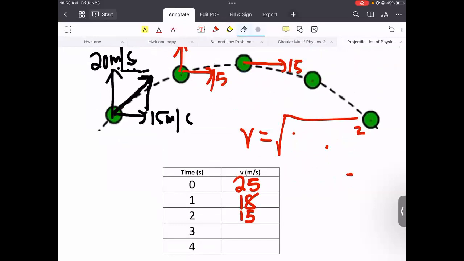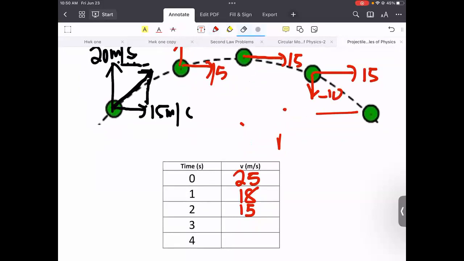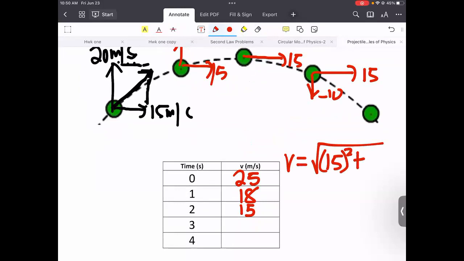All right, now at the next point, I know the velocity now here. We still have 15 here, but downward is going to be, remember, minus 10. So if we use Pythagoras theorem, what do you get? So V squared will be 15 squared plus minus 10 squared.